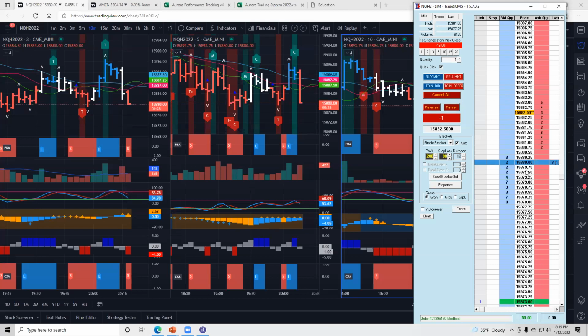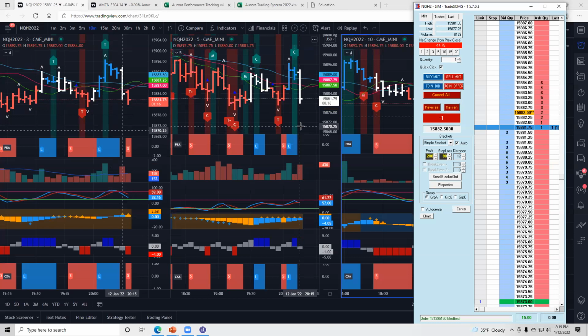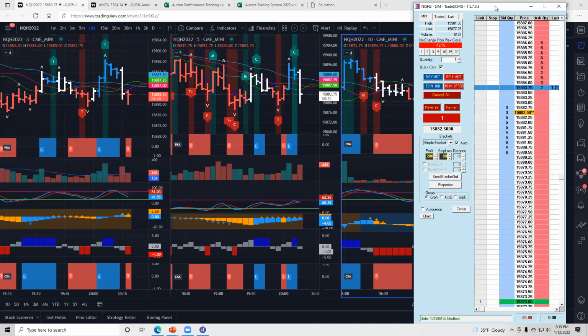And now I leave the trade alone. And then I'm looking at my signals to see whether or not I have any reversal indications or any close indications. So I hope that helps.